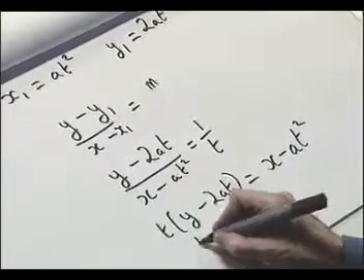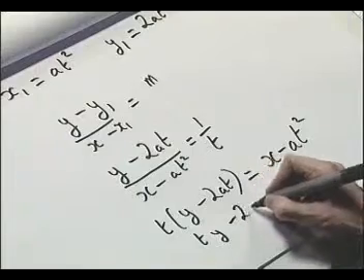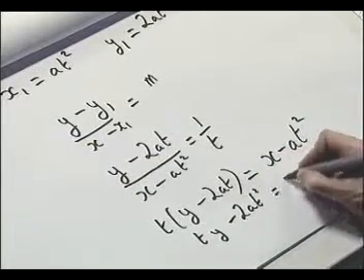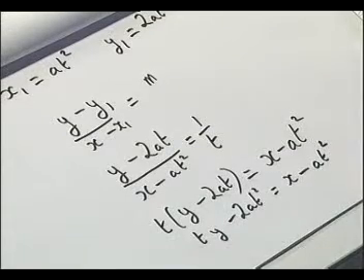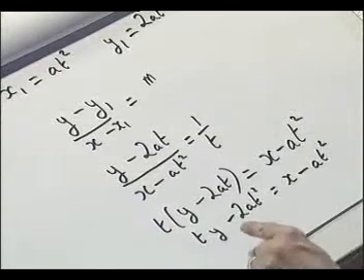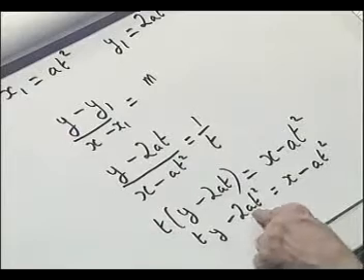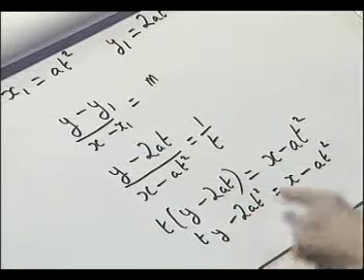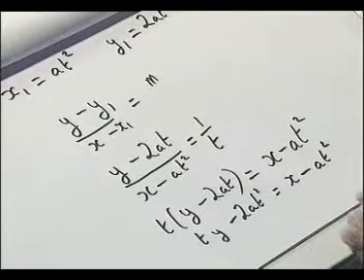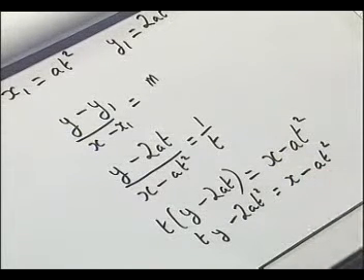Multiply out this bracket: ty − 2at² is equal to x − at². Now, here we've got a term in at², it's −2at², and here we've got another term in at², which is just −at².